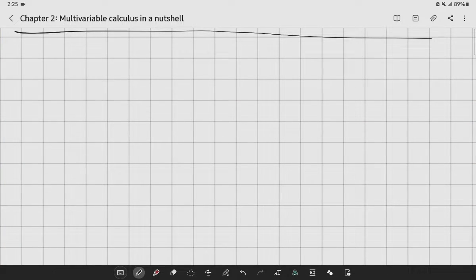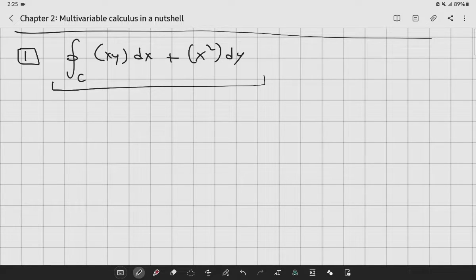Okay, so let's do an example now. Our first example goes something like this. I have an integral over a path C, and they're giving me this expression, x squared dy. They're asking me to compute this integral. They're not telling me that this is related to any field, but we can interpret it that way, of course.